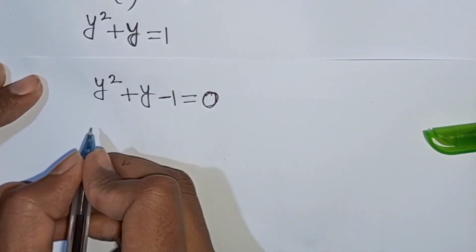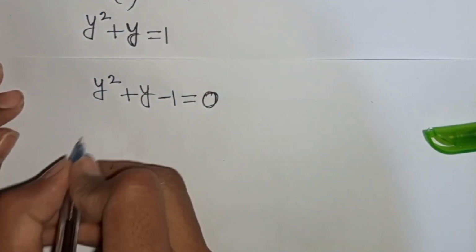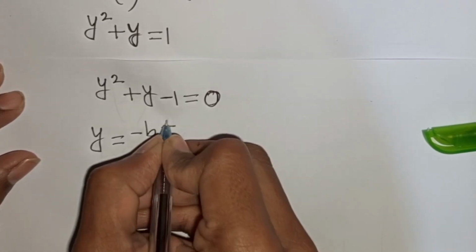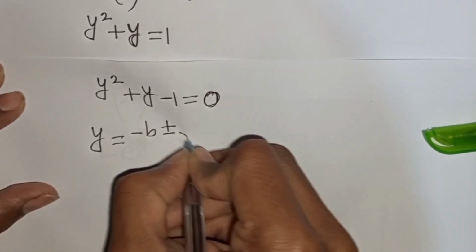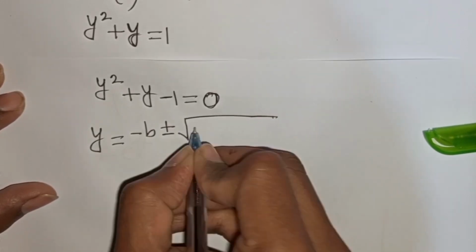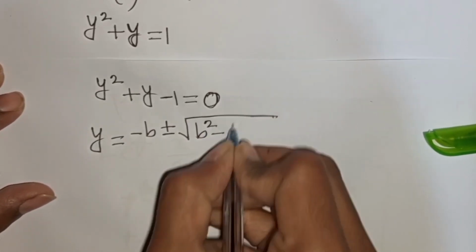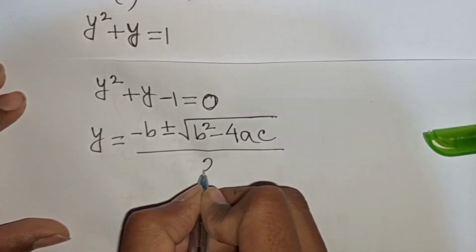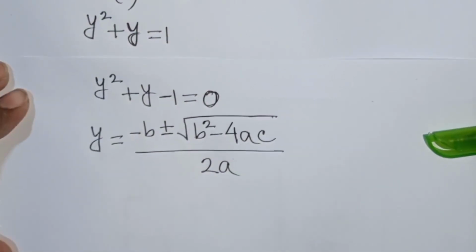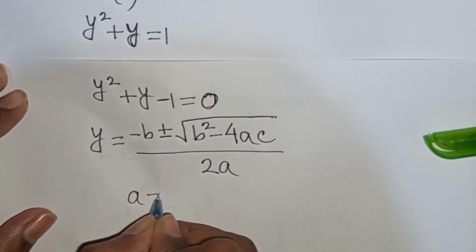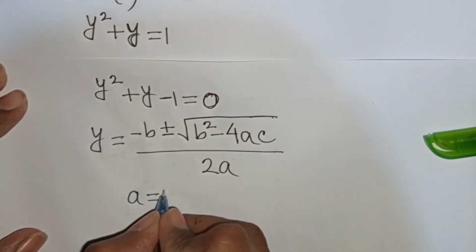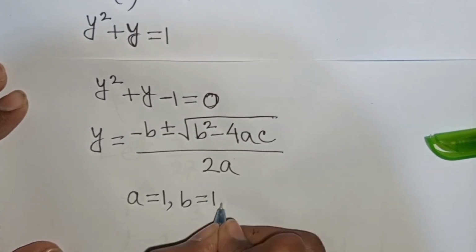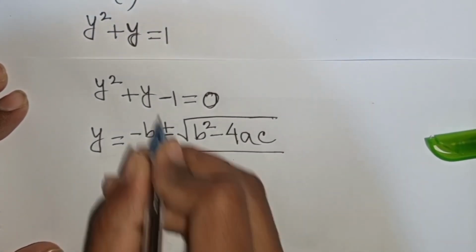Now here you can apply the quadratic formula. So you can write here y is equal to minus b plus or minus square root of b square minus 4ac, divided by 2a. Here a will be equal to 1, b will be equal to 1, after that c will be equal to minus 1.